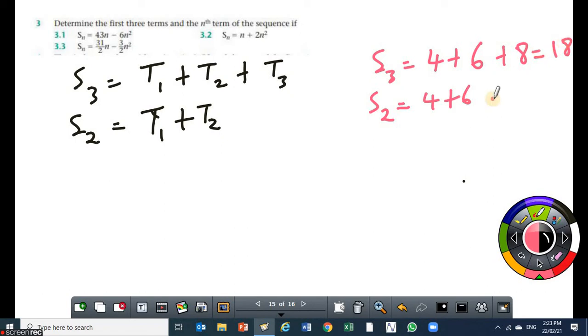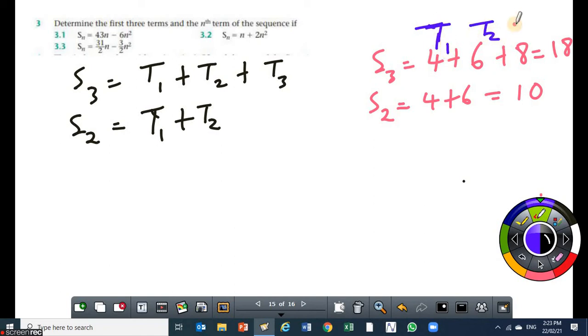And what's the total here? 10. This is T1, that's T2, and that's T3. If I want to determine T3, I can use the values of S3 and S2.